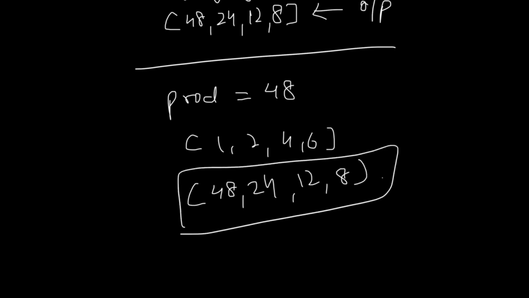But then what happens when we get, let's say, another element in this array as 0? In this case, when we want to get our result, we will go through another element, which is 0, and as per our algorithm, we'll take our product, which is 48, and try to divide that by 0, which will be an error.